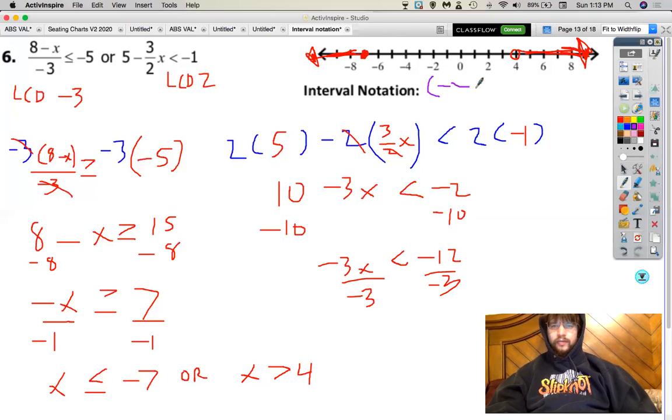Negative infinity to negative 7, bracket, union, parentheses, 4, infinity. Always, always, always. Infinities are in parentheses. You cannot include them. That's it. Done. That's your ors.